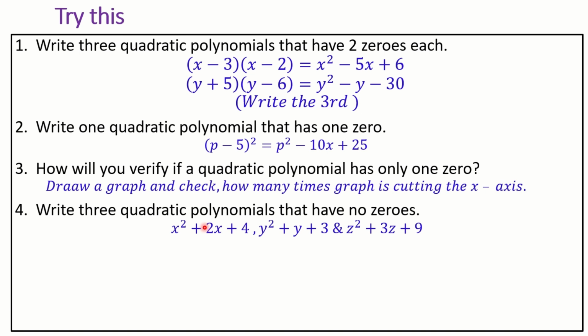Or once you know the quadratic equation, the determinant should be negative. b square minus 4ac we call it, right? b square minus 4ac should be negative. So here, with a, b, c, b square is 2 square minus 4ac, 4 into 1 into 4, which is 16. So 4 minus 16 is minus 12, which is negative. So the determinant is negative, and we don't have zeros.